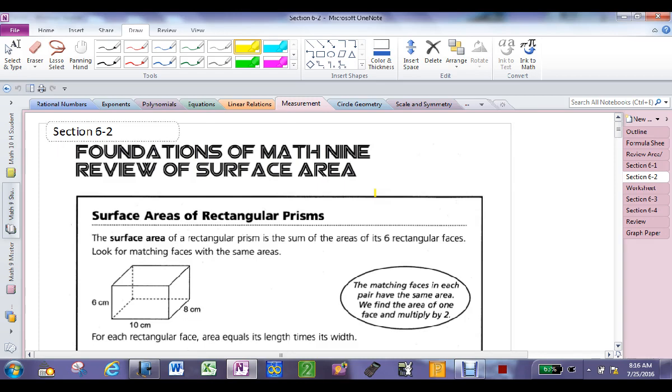This room has one surface area that affects us, doesn't it? What is that surface area? The floor, the walls, and the ceiling. Everyone agrees? Okay. If this room were cut out of the building, would it have another surface area?